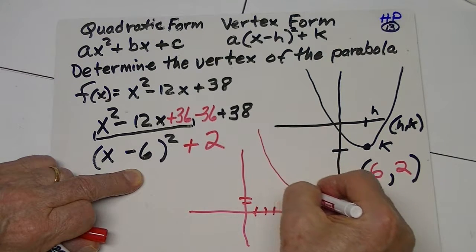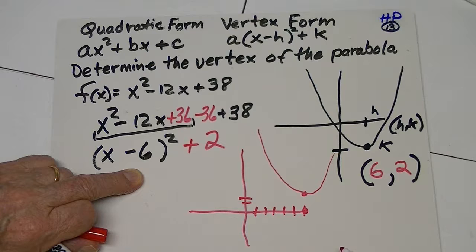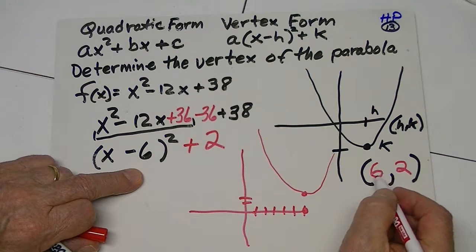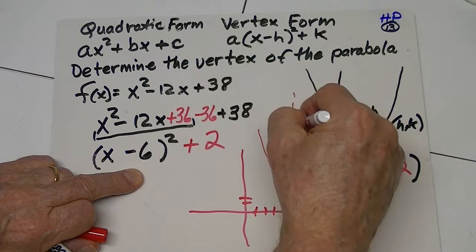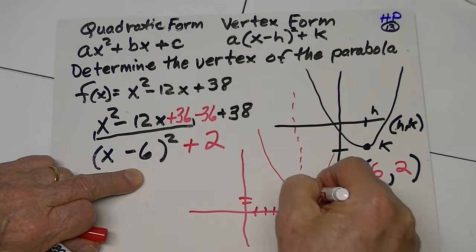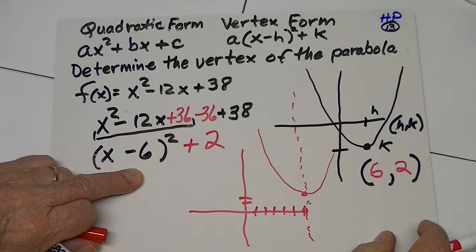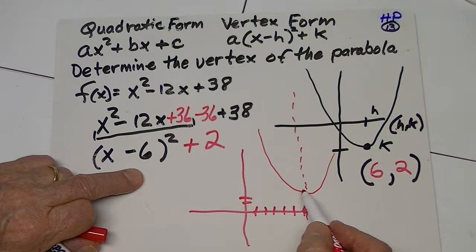So that parabola would probably look something like this. Now, another interesting point is, whatever your h value is here, this happens to be your axis of symmetry. And this is the minimum point.